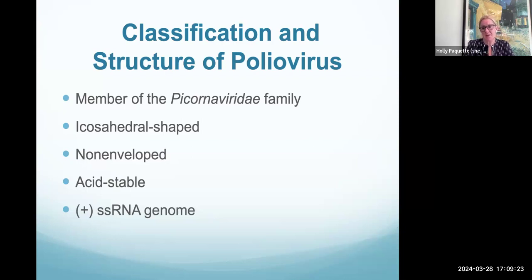In addition, it's something that we say is acid stable, meaning that even with acid present around it or in acidic environments, it survives. That's one of the reasons why, as we think about the oral cavity, which tends to be fairly acidic, it can remain active. It is a positive sense single-stranded RNA genome, which means it's ready to be translated into proteins immediately.